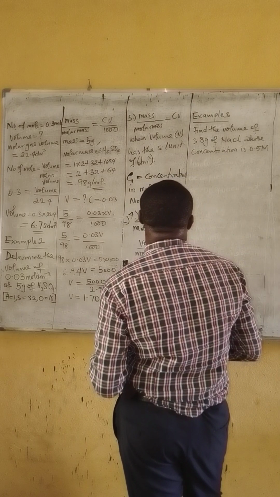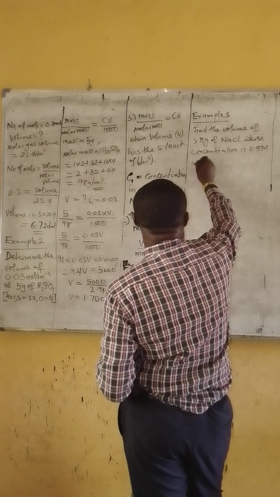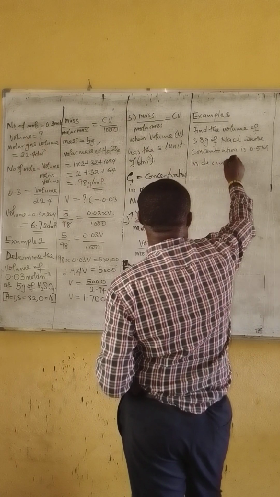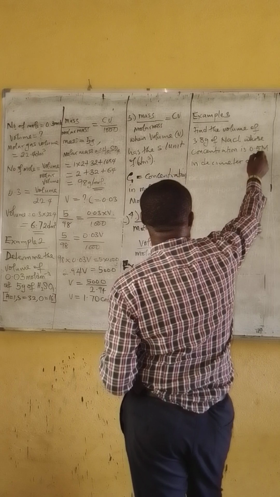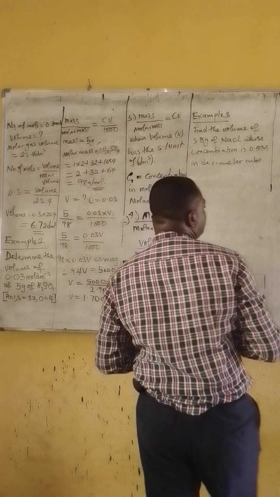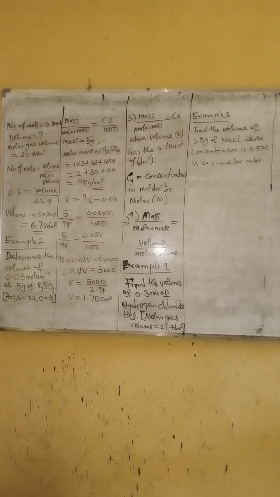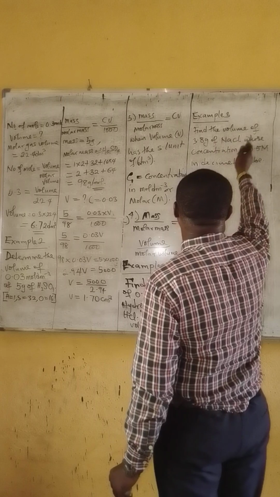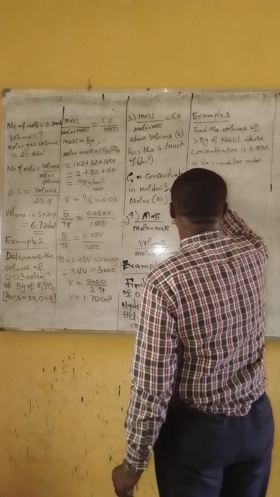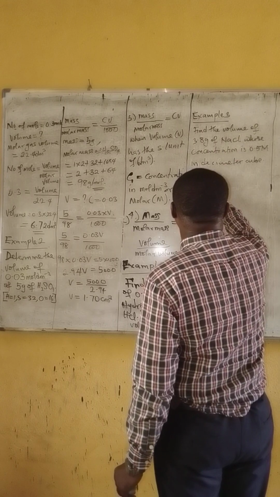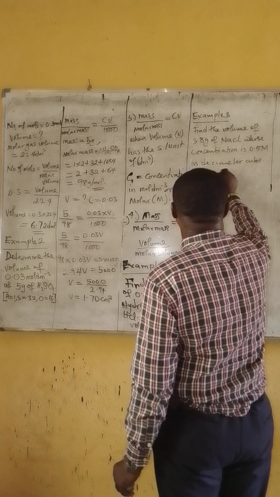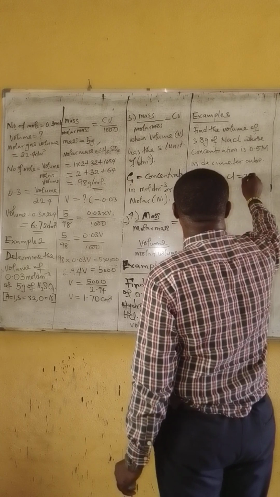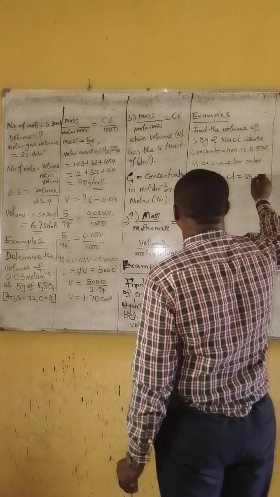Now, in decimeter cube, they want it in decimeter cube. If they want volume in decimeter cube, then from here you also have Na equals to 23, Cl equals to 35.5.